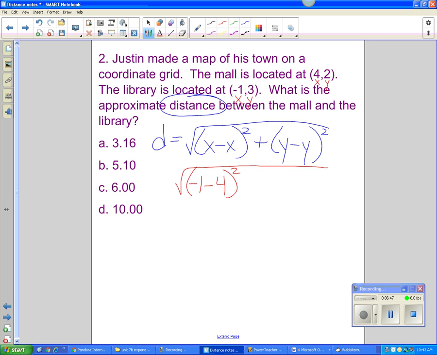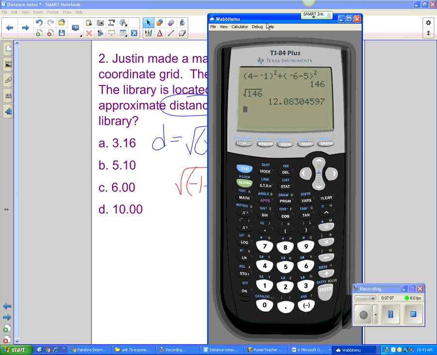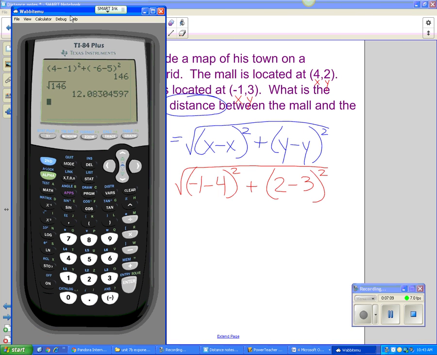Caitlin, what are my two y values? So I need to do 2 minus 3, parentheses, squared. All right, raise your hand if you have a question. In your calculator, you are going to start with the parentheses.